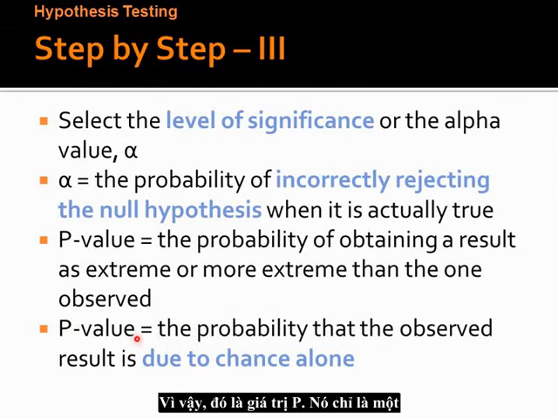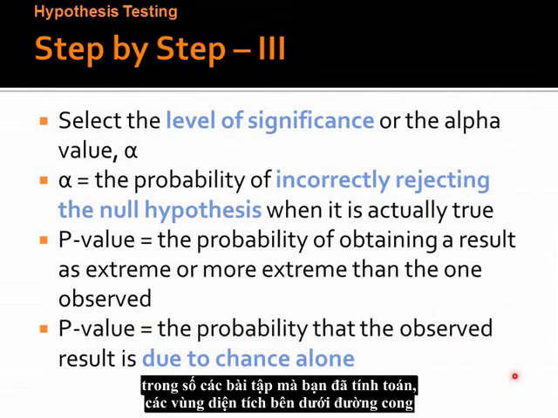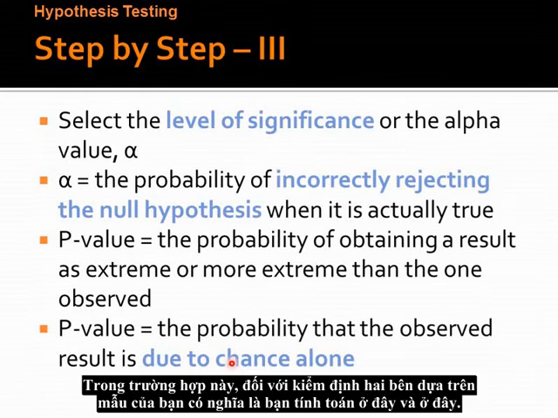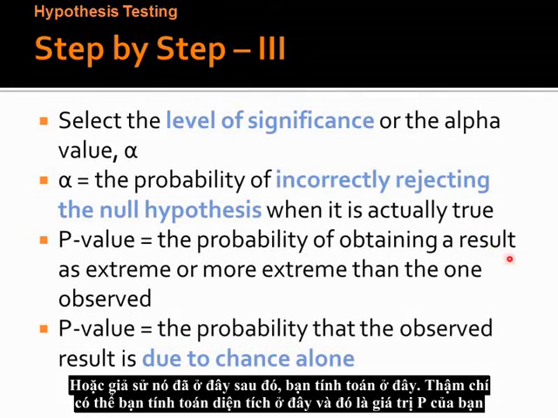So that's what the p-value is. It's just another of your exercises, which is calculating the ranges of the area underneath the curve. Right? In this case, for two-tailed, based on your sample mean, you calculate here and here, or let's say it was here, then you also calculate here, you calculate the area here, you calculate the area here, and that is your p-value.